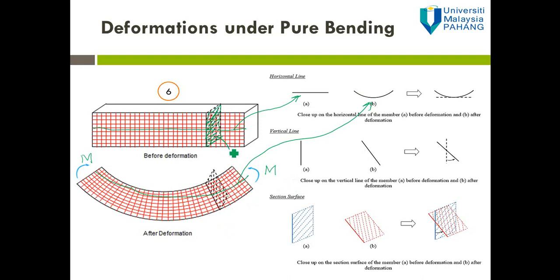Let's say this plane is represented by this one, and after deformation by this one. So after deformation, the vertical plane of the beam will rotate with a certain angle theta, but the surface remains planar, remains flat.